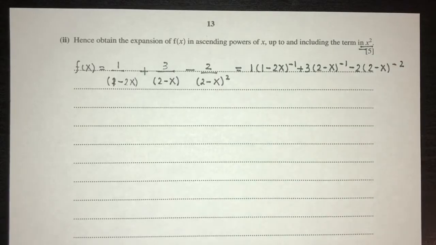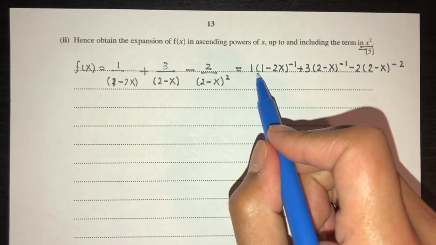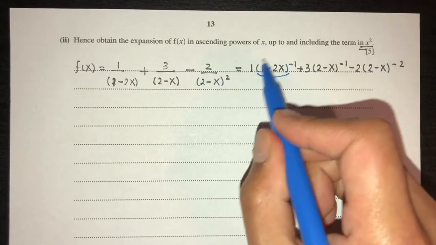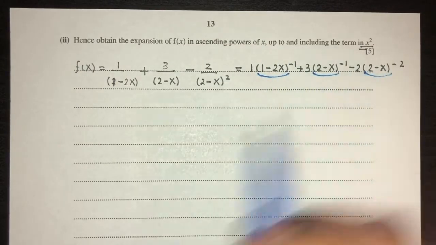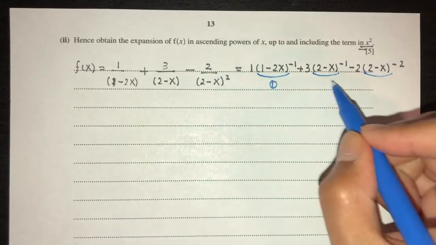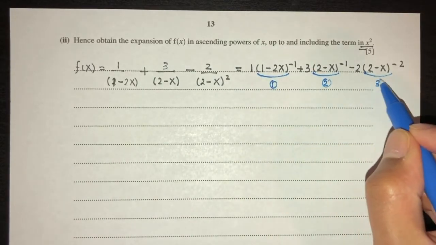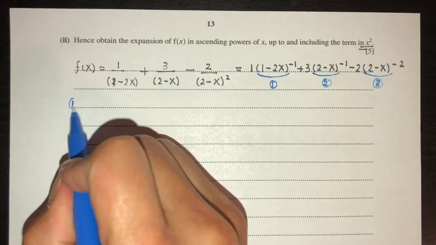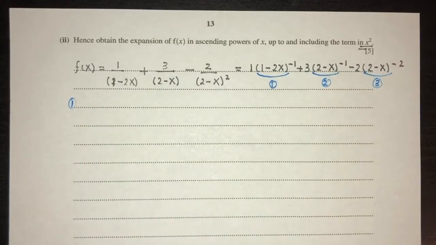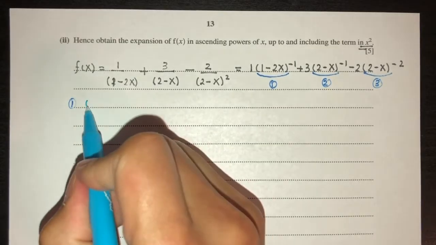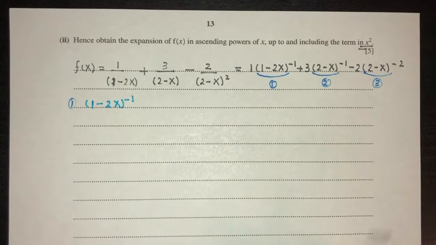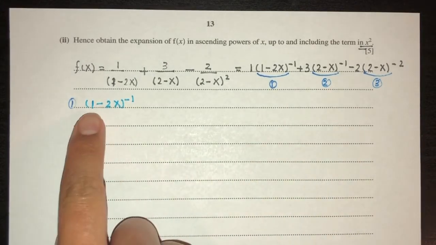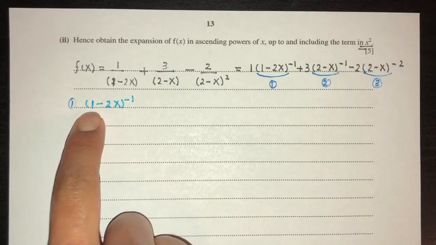Now we have to find the expansion for each term. This expression, and this expression, one by one: number 1, 2, and 3. So number 1, we have to expand 1 minus 2x to the power minus 1. First thing we need to check is, if this number is 1, then we can expand directly, okay?